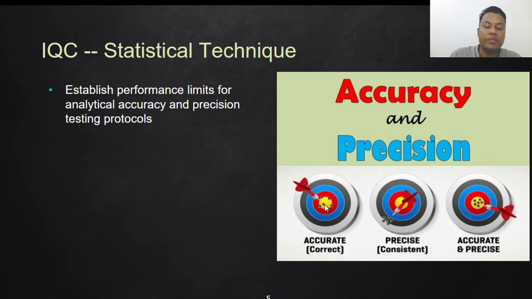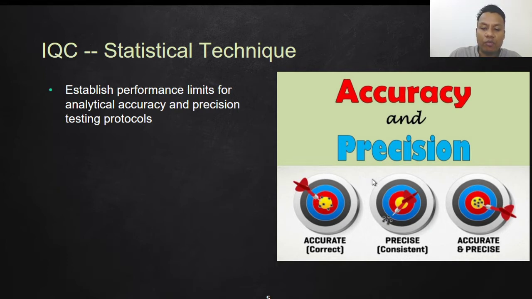For example, the patient's blood glucose level should be 5 when we do the testing. It needs to produce the same result, 5 or maybe 4.8. They need to be close to the true value.